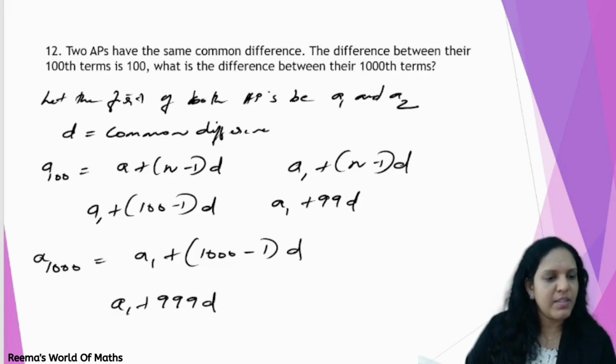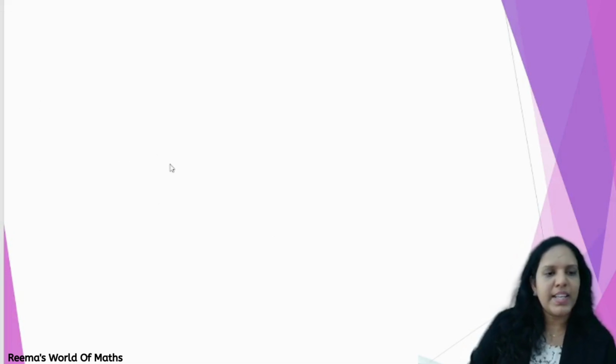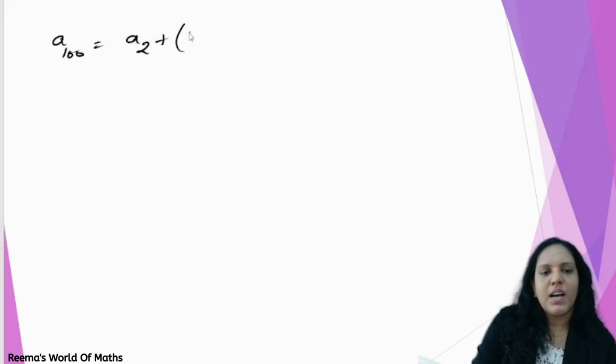Let's add another slide. So in the second AP, where the first term is A2, the A100 will be A2 plus n minus 1, so that is 100 minus 1 into D, which is A2 plus 99D.